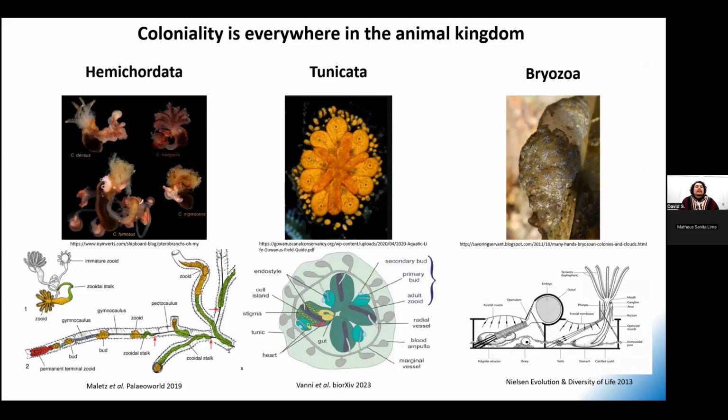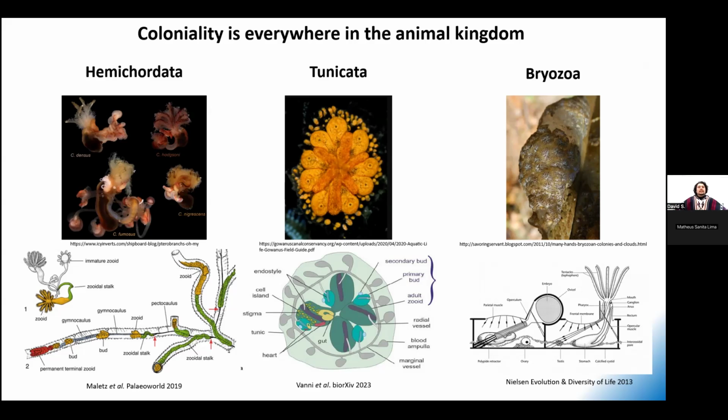But a colonial animal is characterized by being modular, consisting of individual clonal zooids that are connected by live tissue. They share a vascular network, and in this vascular network they have cell types that are migratory, so they move around the whole colony.